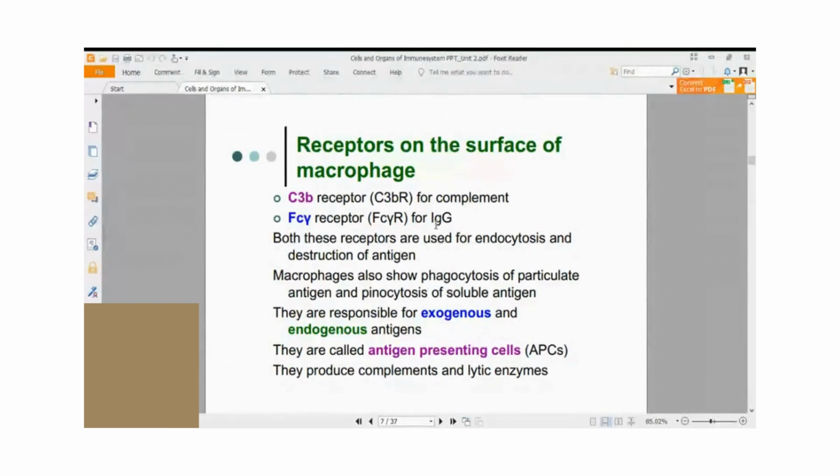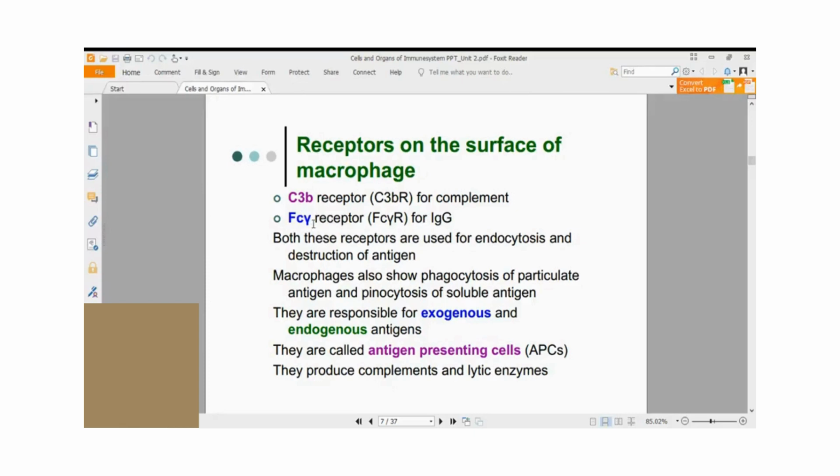The second possibility is immunoglobulin G, which is produced as an antibody against the pathogen. It can react with the pathogen and form a complex with it as an antigen antibody complex. That antibody together with the antigen can be engulfed by the macrophage by endocytosis, and the receptor for the IgG molecule is the Fc gamma receptor, because IgG is called immunoglobulin gamma, therefore the name IgG.